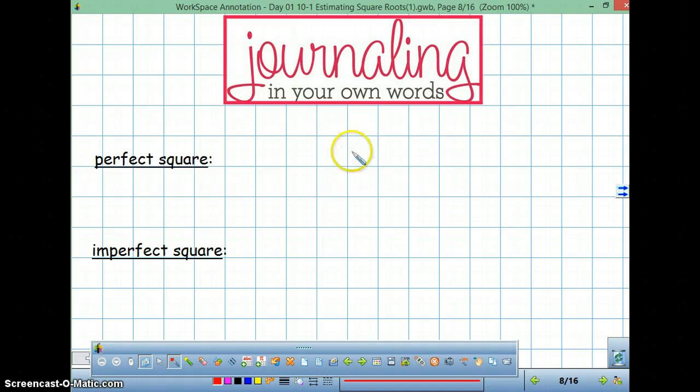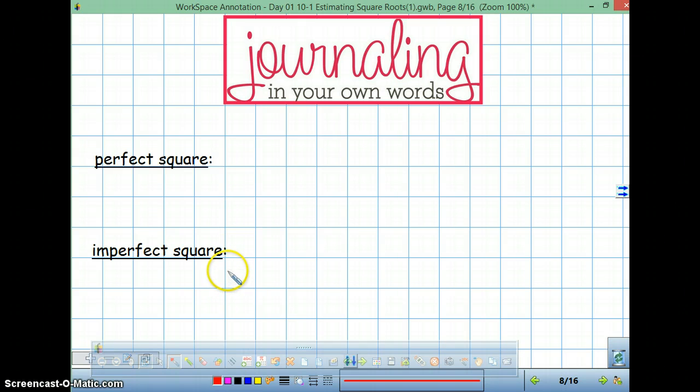Okay. In your own words, please write down what you think a perfect square is and what you think an imperfect square is. I would say a perfect square is a number whose square root is an integer.